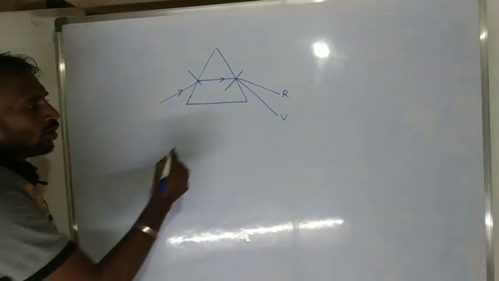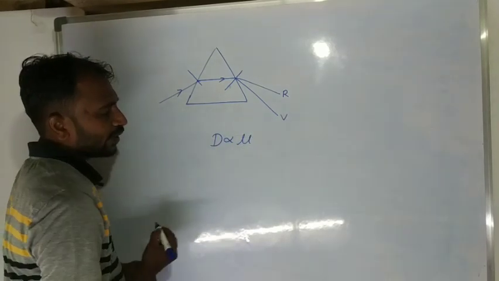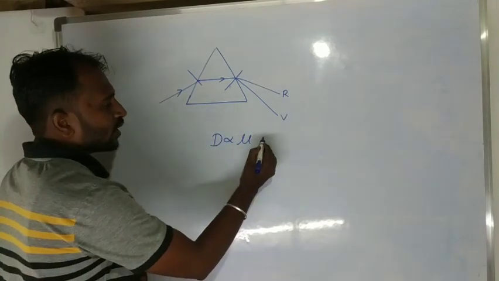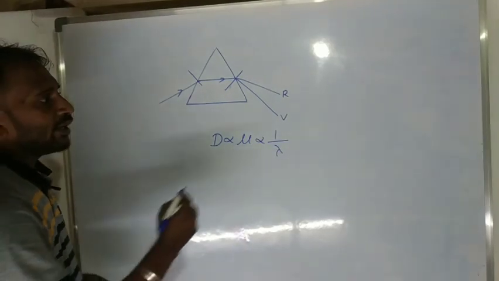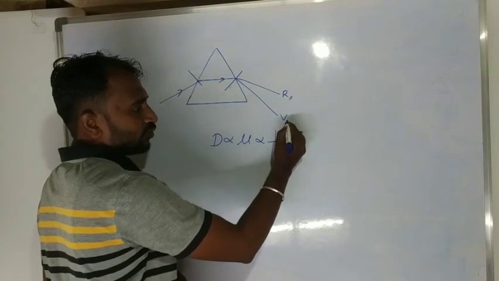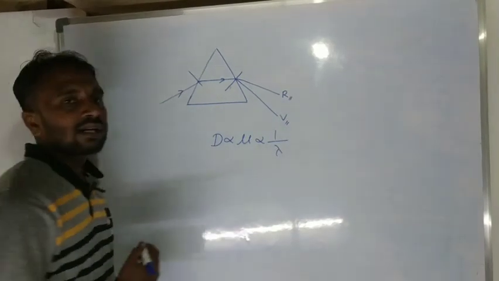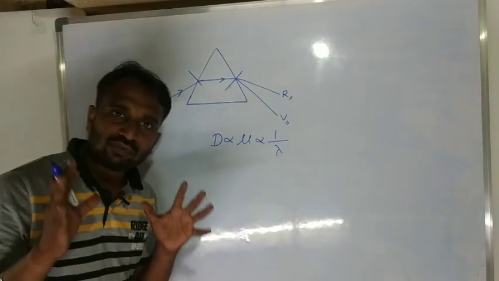You already know that deviation is directly proportional to the refractive index of the material of the prism and inversely proportional to the wavelength of the light. Red color has the maximum wavelength, and violet color has the minimum wavelength.